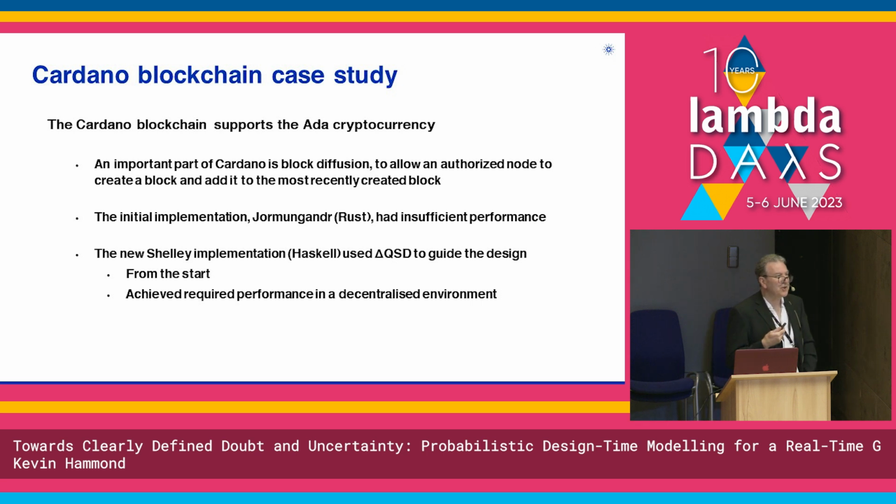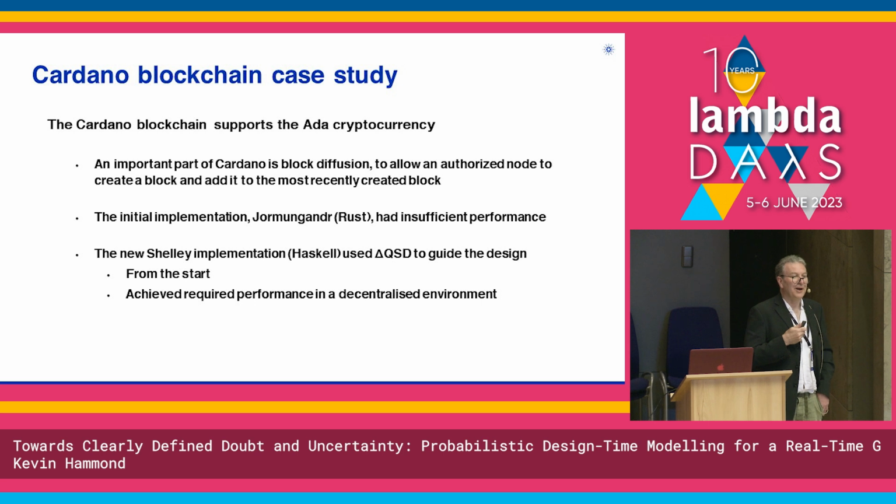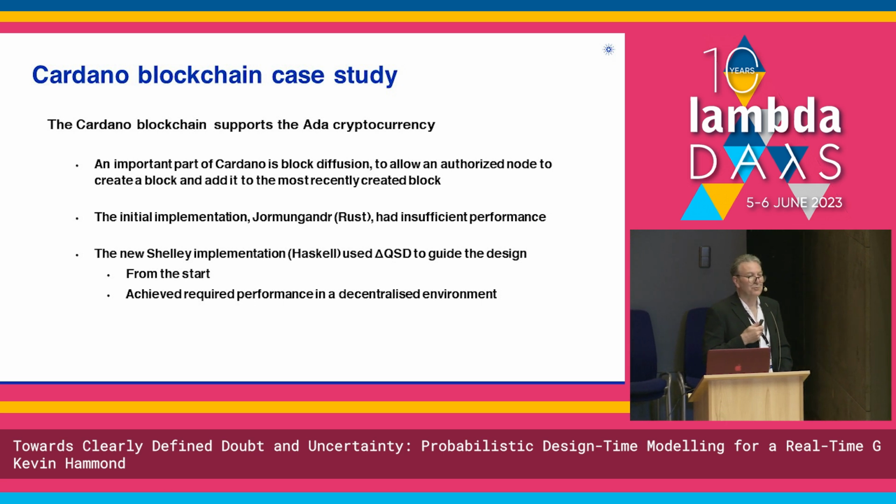The first implementation was done using Rust, and that had insufficient performance. Okay? So the solution was to rebuild the system in Haskell, because obviously Haskell has much higher performance than Rust.